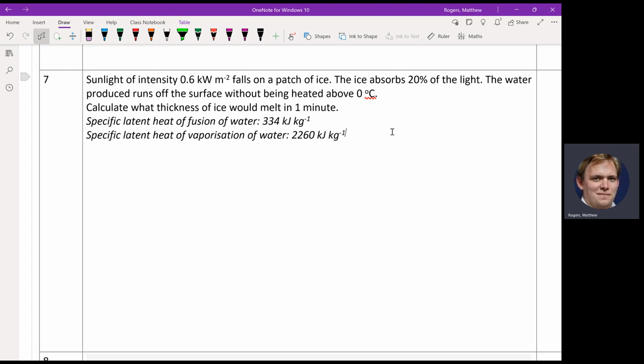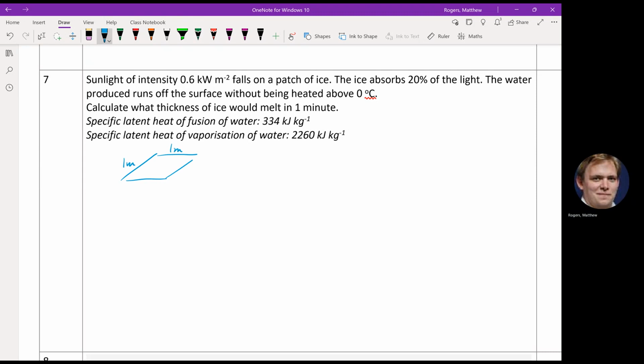Okay, so if we picture a meter squared of ice, then in 1 minute, we can work out the amount of energy that's going to land on it. So we know that there's 0.6 kilowatts, so 600 watts, 600 joules, that is, each second.